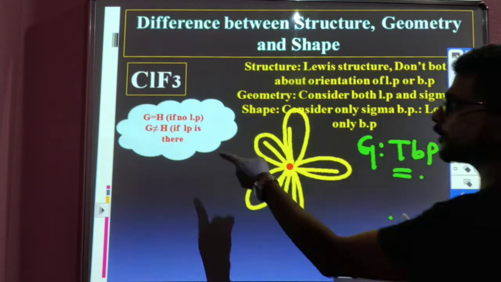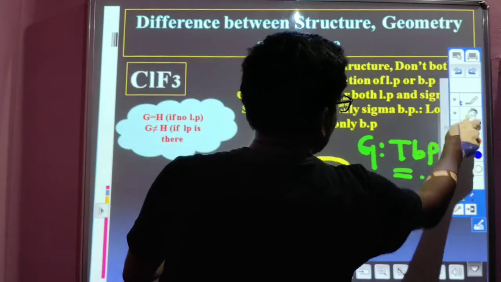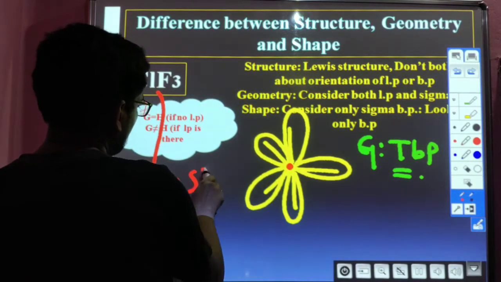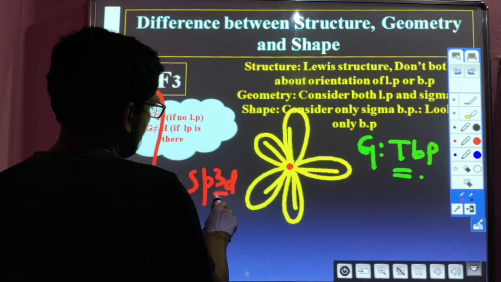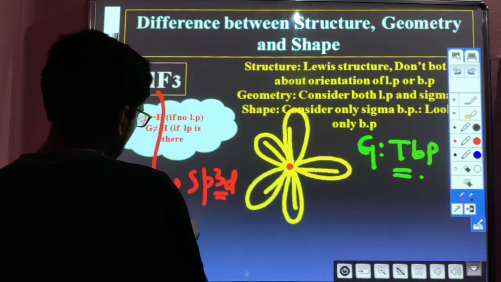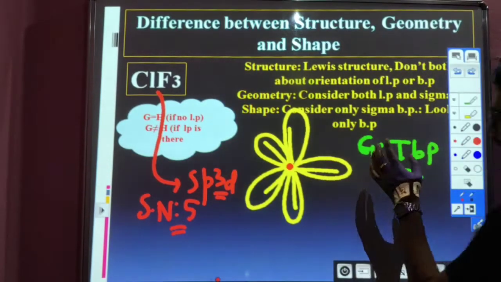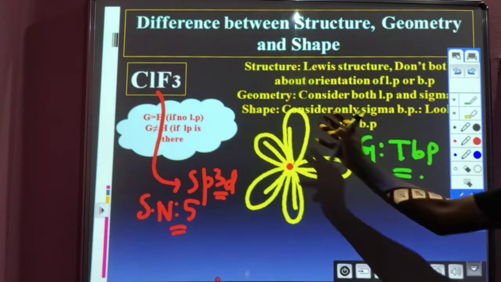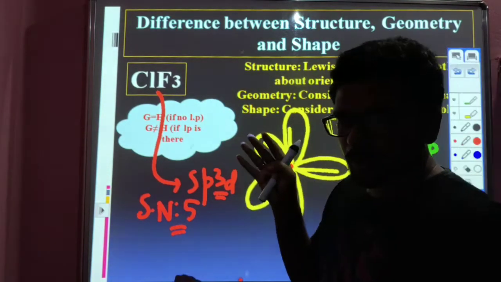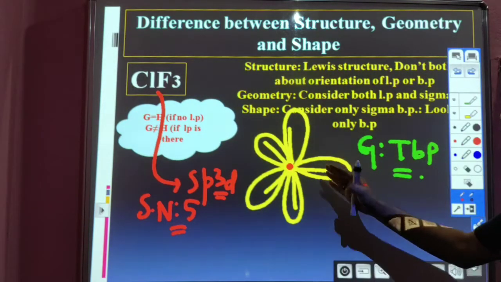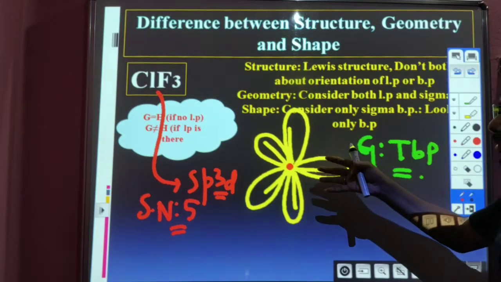I got the information of what? The hybridization, sp3d, steric number 5. Once I get the hybridization, those hybridized orbitals are arranged in definite orientations, definite locations. You cannot put hybrid orbitals anywhere.